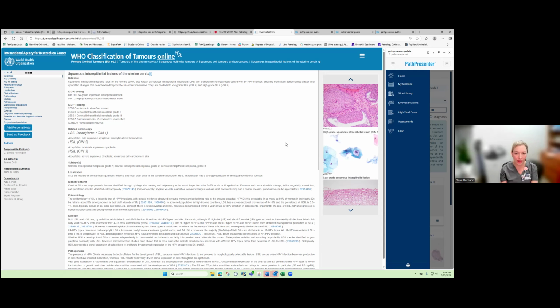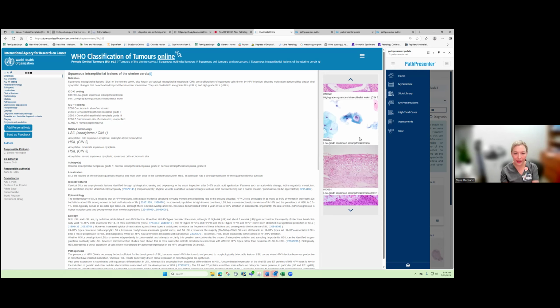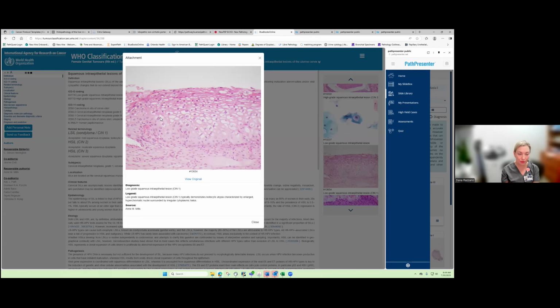So when you're trying to approach the diagnosis, it can be very tricky. When you look at these nice, clean photos, it's a lot easier to start with. If you went through the module, you can identify these key things: koilocytic change, this enlarged nucleus way above the basal layer. You shouldn't be seeing those.